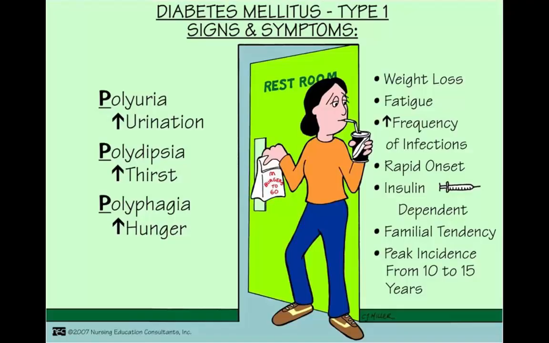We went already through the symptoms of diabetes type 1, which are identical to type 2. Basically, it's polyuria, polydipsia, and polyphagia. In addition to that, you could get weight loss, fatigue, frequent infections or high risk for infections. It's familial dependent, even though you could get it as an adult as well.